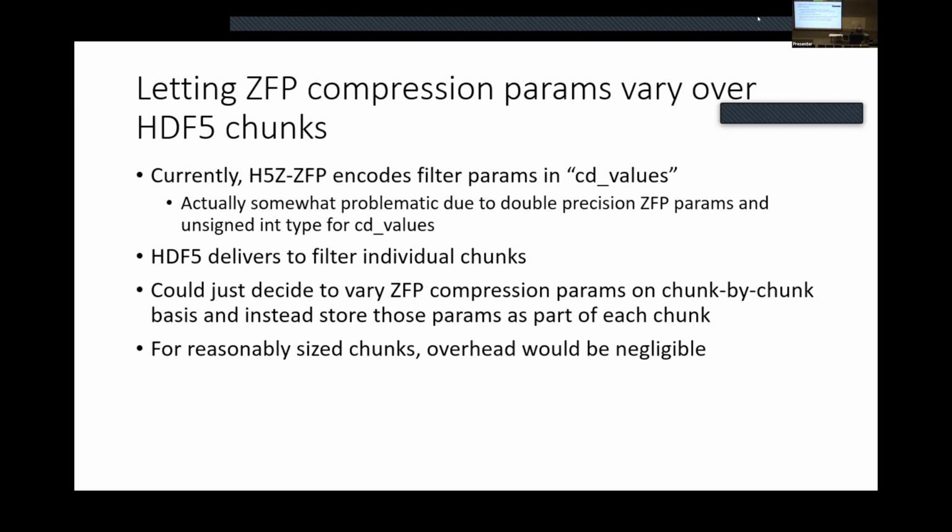So that's good because now you don't have to store those parameters for every chunk. But the truth of the matter is, if your chunks are big, and they ought to be big if you want good I/O performance, you could have the ZFP compression parameters vary from chunk to chunk and just store, I think it's 64 bits of ZFP metadata ahead of each chunk in the file.